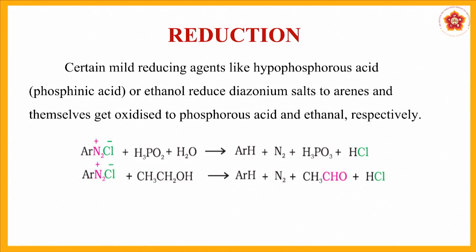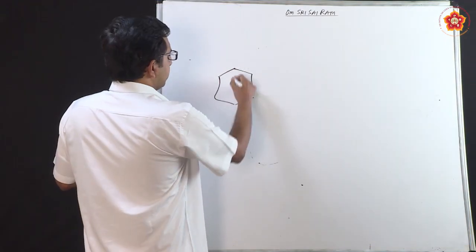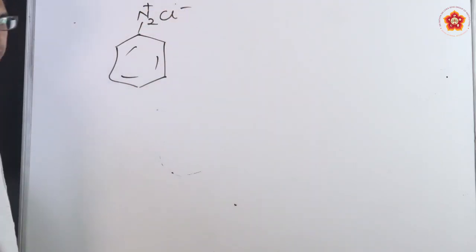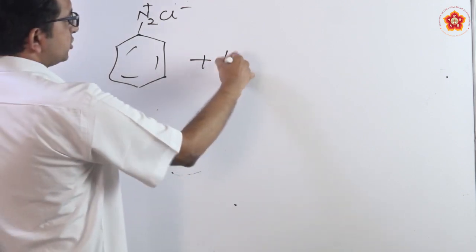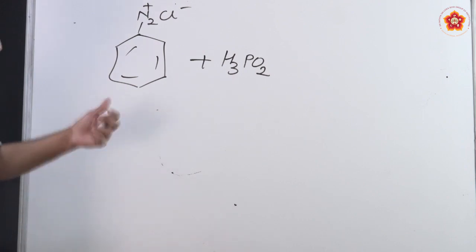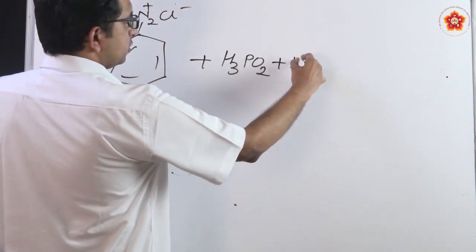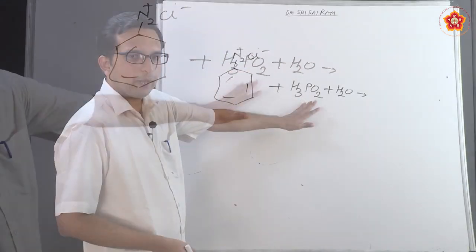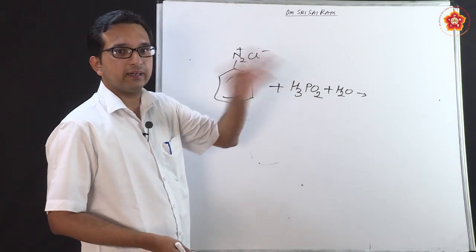Phosphorus acid is H3PO3, phosphoric acid is H3PO4, hypophosphorus acid is H3PO2. What we understand here is that benzene diazonium chloride, N2+ Cl-, when treated with H3PO2, hypophosphorus acid, and then with water, the hypophosphorus acid is acting like a reducing agent.